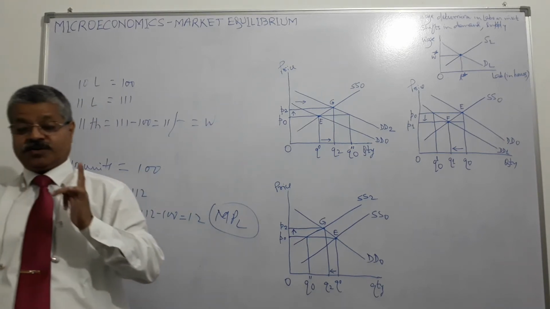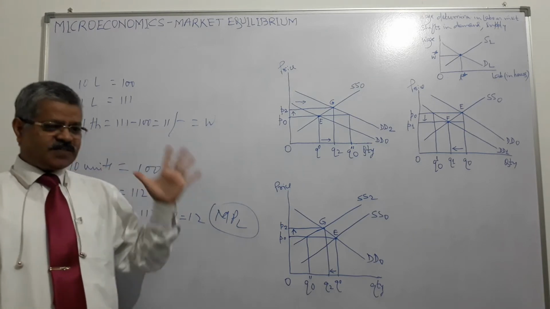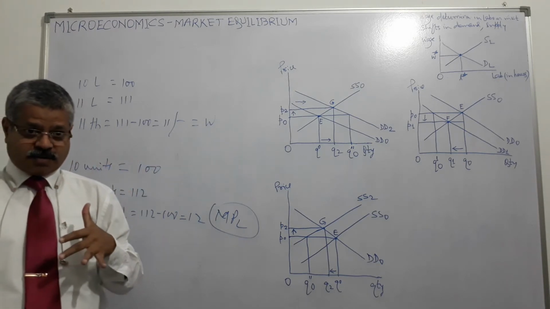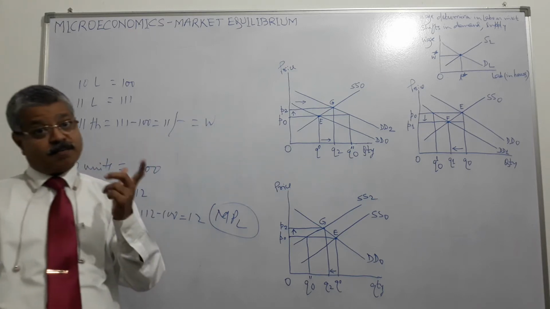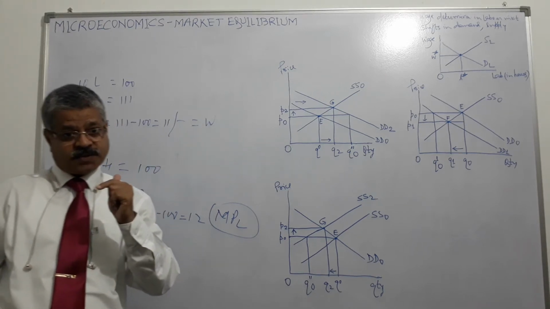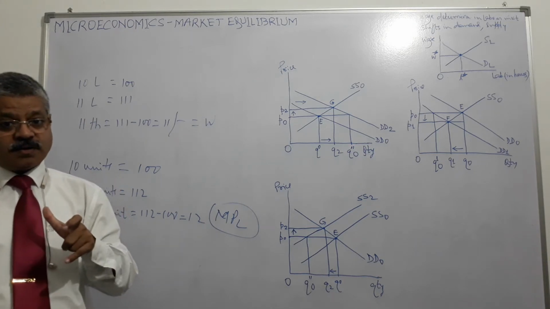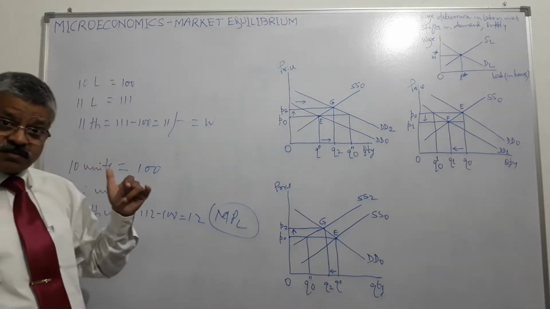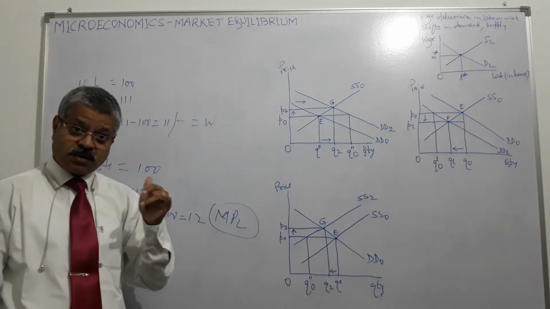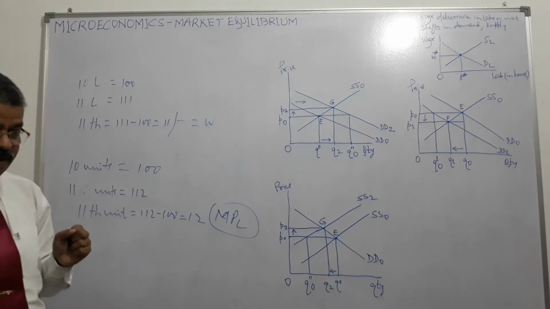By selling each extra unit of output, additional earning of firm is the marginal revenue that the firm earns from that extra unit, right? Then for each extra unit of labor that the firm employs, the firm gets an additional benefit equal to what? Marginal revenue times marginal product of labor, right?